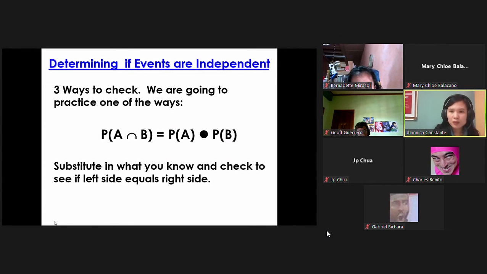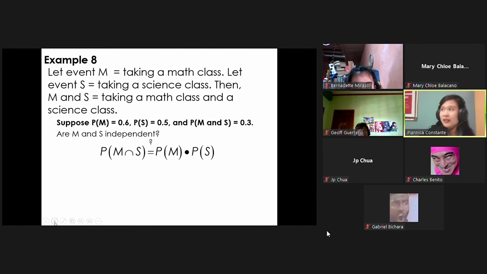For example, let the event M equal taking a math class, and let S be taking a science class. Then M and S is equal to taking a math class and a science class.